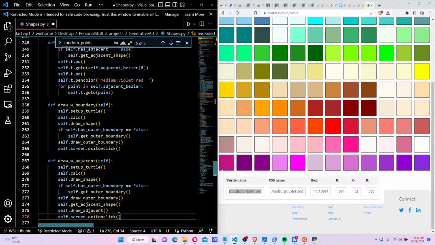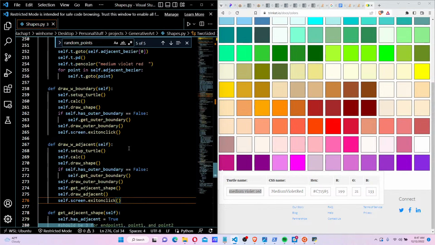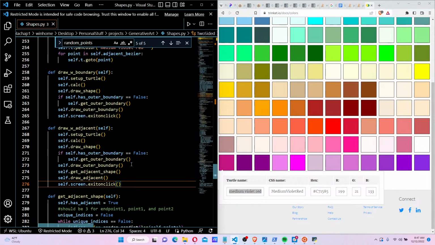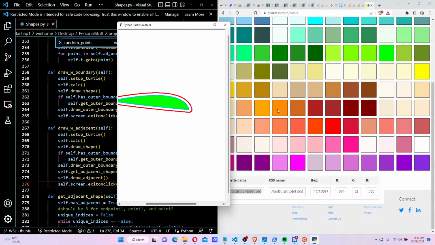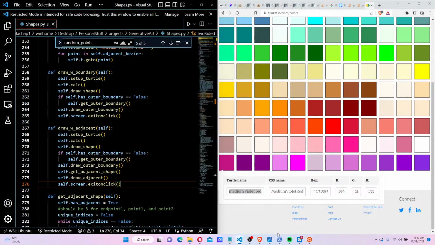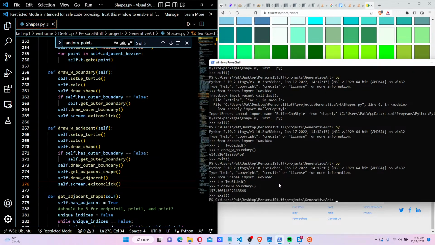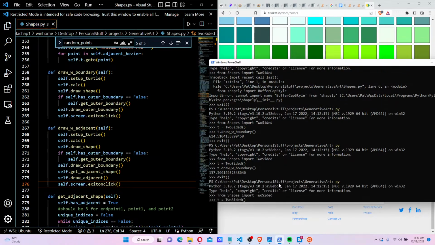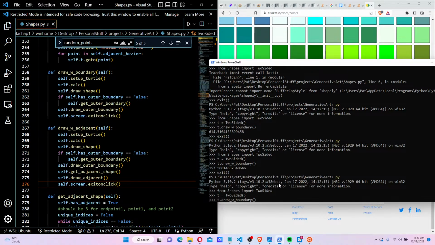When it clicks. Okay. So now to see if this works, exit. So draw with boundary, draw with adjacent. Okay, there's the boundary.